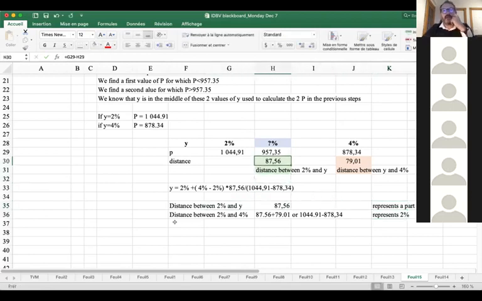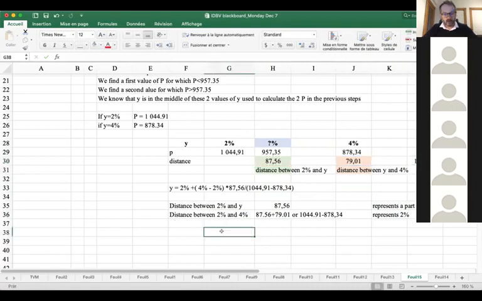So what is the distance I have to do to go from 1044 to 957? This is 87. So that represents the percentage we are searching for. And we know that when we go from 2% to 4%, we go from 1044.91 to 878.34. So we do a total distance of the addition of the two here, so this is 87.56 plus 79.01.